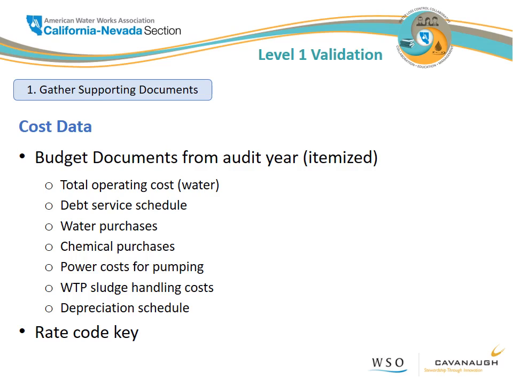Rate code key is simply the legend that would help explain what the different rate codes mean, and it could be nothing more than a simple list that has the codes listed out and a description of each, so that as the person or the team doing the level 1 validation review is looking at those other records, there is a way to connect back on the importance and the relevance of a different rate code. And this becomes especially important when we are looking at charge versus no charge rate codes and potable water rate codes versus non-potable water rate codes.